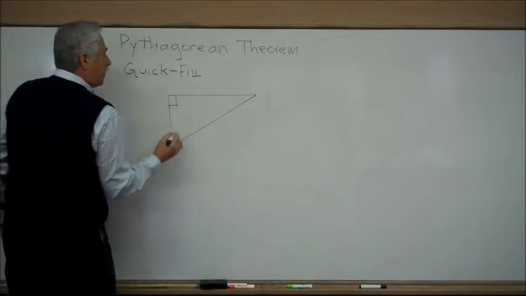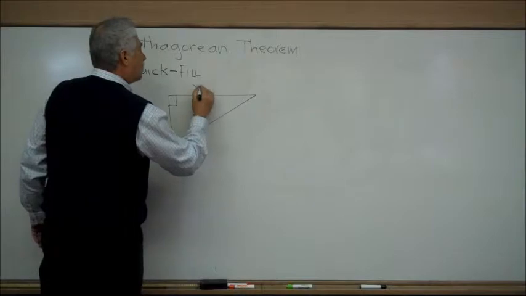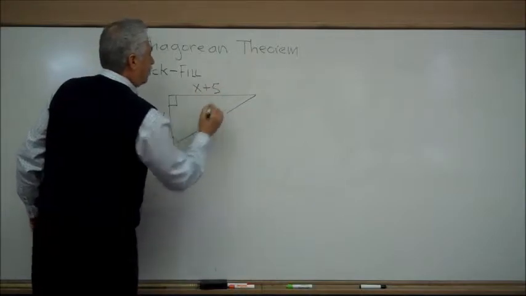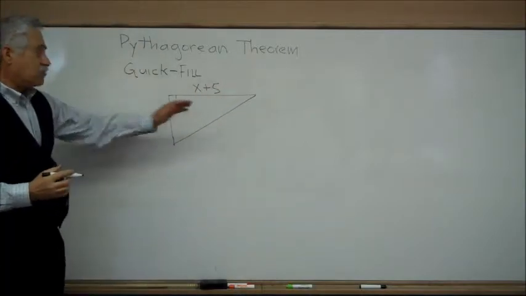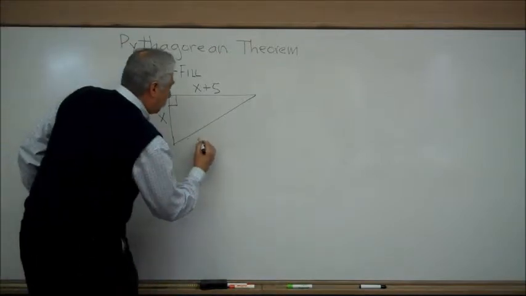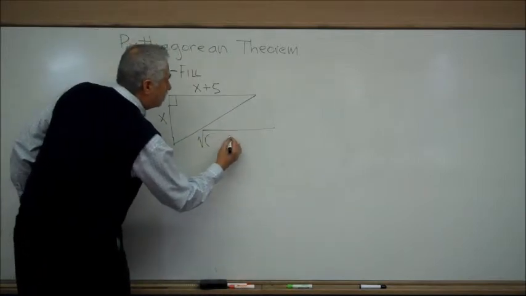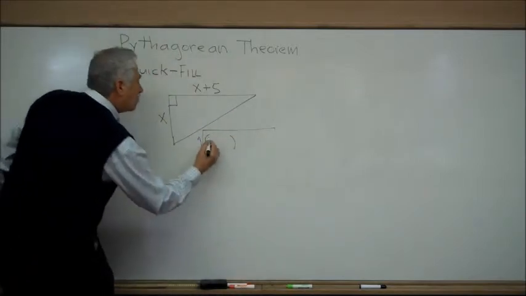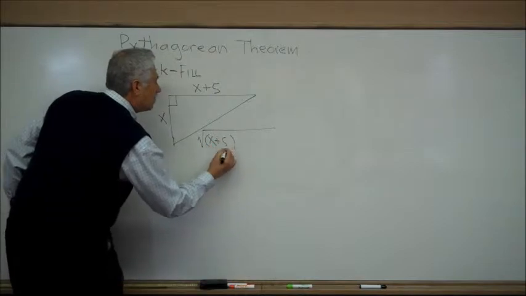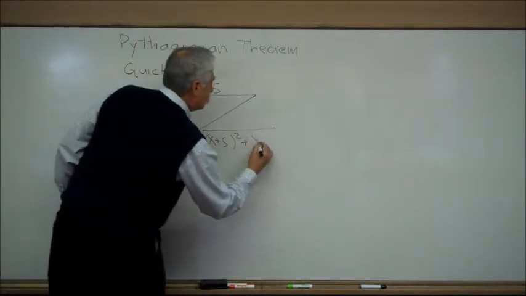You know two of the legs. This one is x. This one is x plus 5. You want to know an expression for the missing side. It will always be the square root of one leg squared added to the other leg squared.